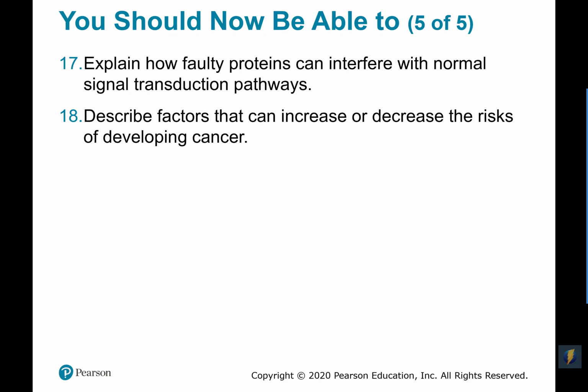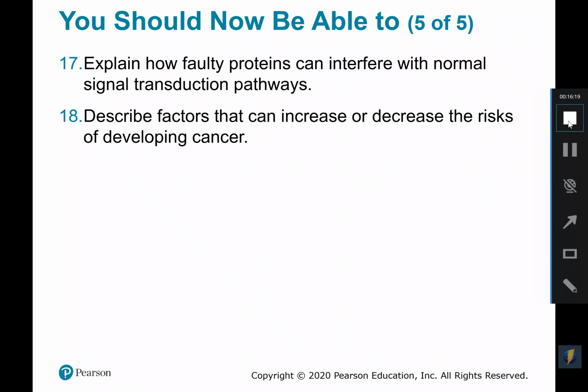And then we talked about how sometimes the transduction pathways can screw up, which can lead to the development of cancer. And we also talked about some risk factors for cancer as well. And that is the end of chapter 11.